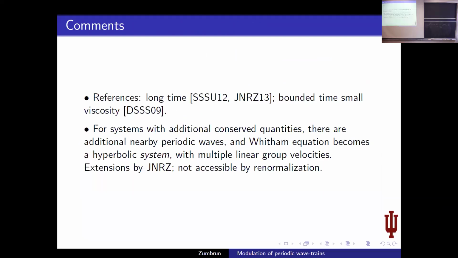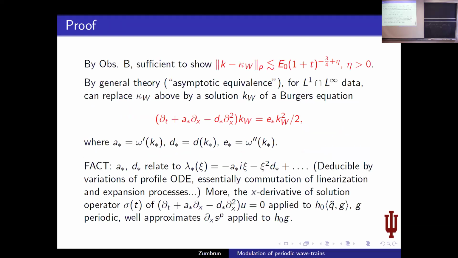Okay, so, all right, and for systems that have additional conserved quantities, so if instead of reaction diffusion you started from a conservation law, or a relaxation, or a hyperbolic-parabolic conservation law, possibly with some convection, reaction, diffusion, then the Whitham equation becomes a system with multiple speeds.